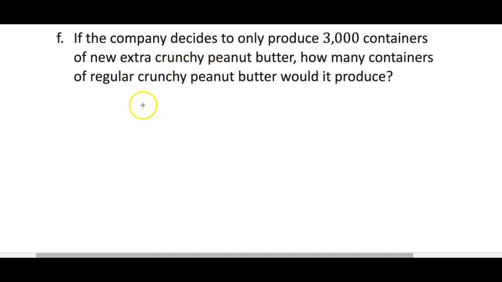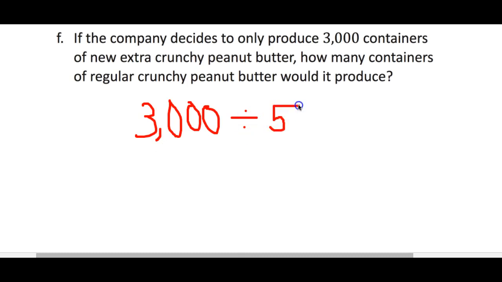So 3,000 divided by 5. And 3,000 divided by 5 equals 600.